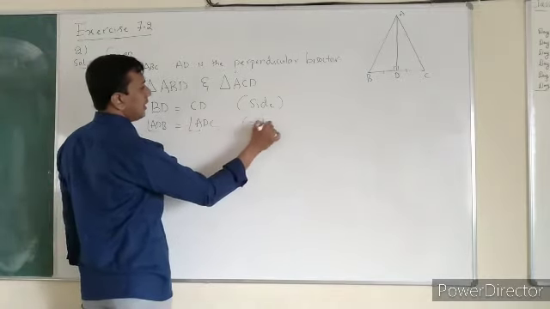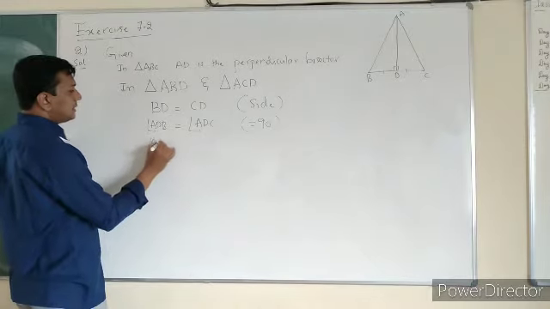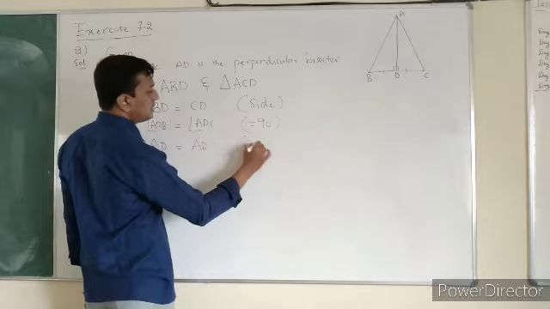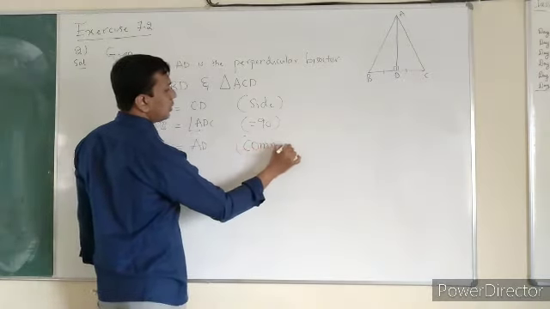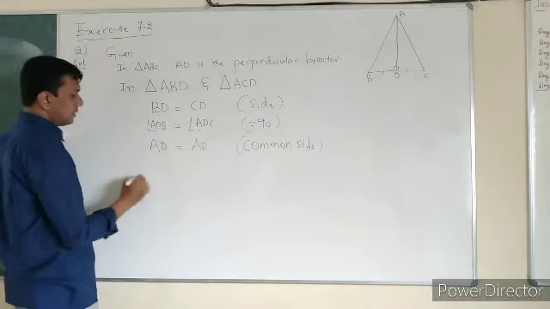This is 90 degrees. Now AD is equal to AD, this is the common side we have. So which combination? Side, angle, side.